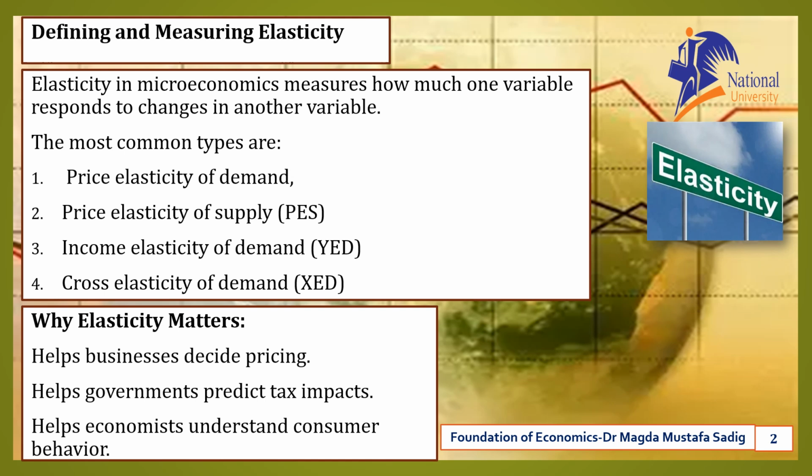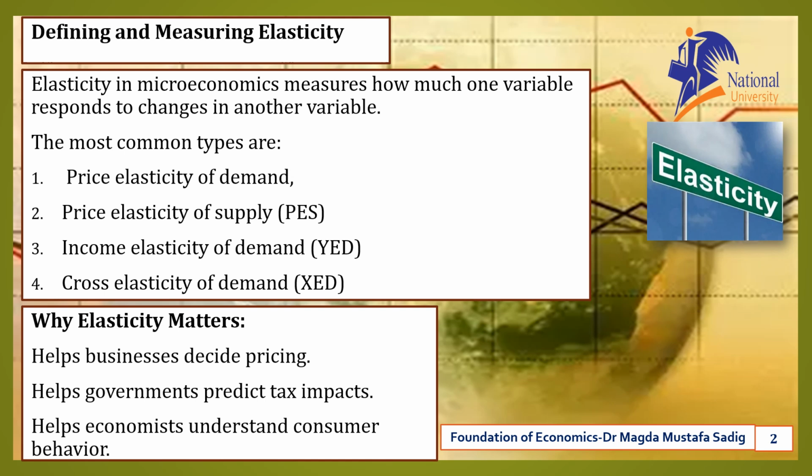For example, if the price of a product goes up, how much does the demand for it go down? Elasticity helps us understand these relationships in economics. There are four main types of elasticity you need to know about. Let us break them down.